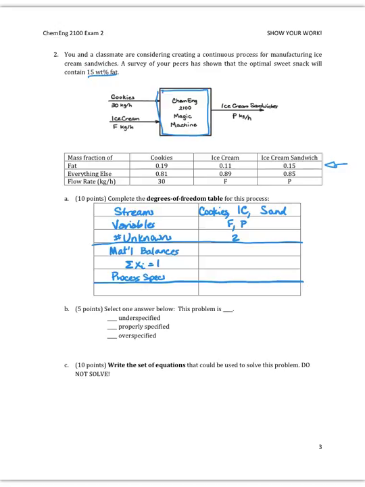So in this particular case, I can do a material balance for every component that is identified in my table. So here I have fat and I have everything else. Now, of course, I can also do a total material balance, but that's not independent. So to know how many independent material balances I can write, I'm going to count the number of ingredients, so fat and everything else.